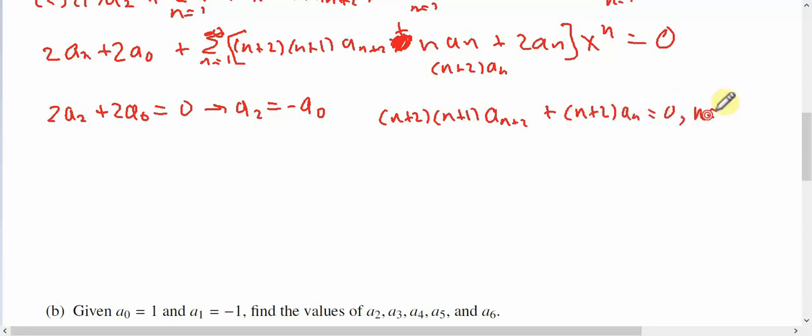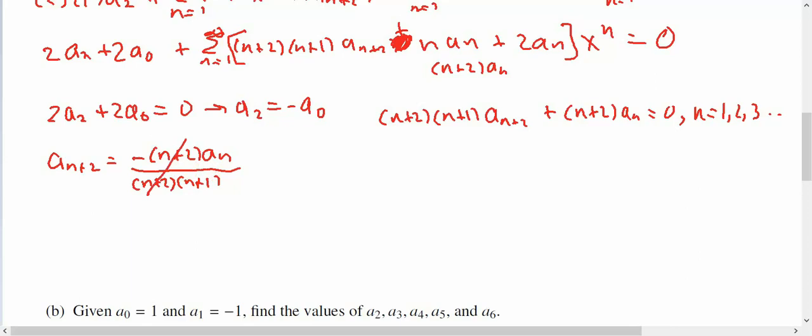And that's for the rest of the n's, 1, 2, 3, etc. I can solve this to say that a sub n plus 2 is going to equal, I'm going to bring that to the other side, so I have minus n plus 2 times a n, and then divided by this coefficient on the a sub n plus 2, so that's n plus 2, n plus 1. So it's minus an over n plus 1, and again that's for 1, 2, 3, etc.